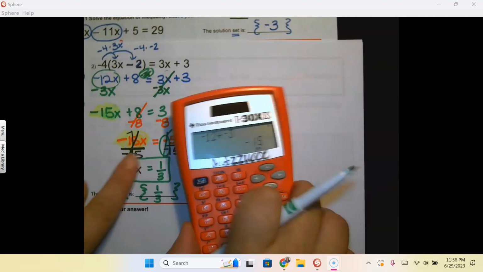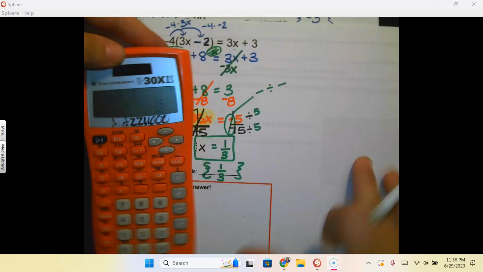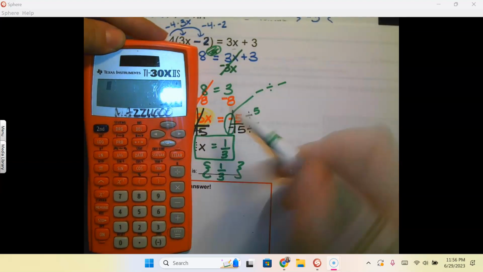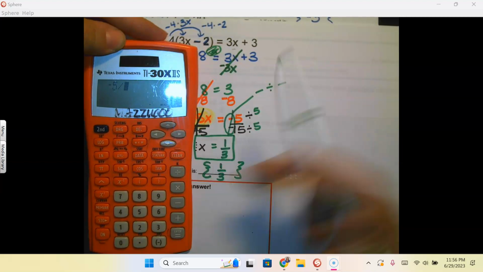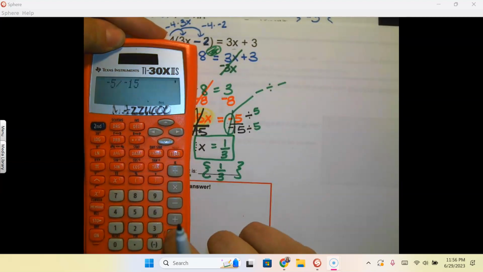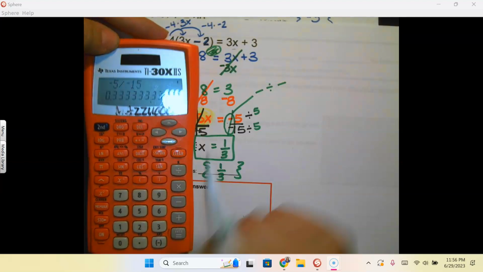Now let's check this with a calculator. If you're a little worried about whether you simplified this correctly, on a calculator, if we did -5 divided by -15, it gives it to us as a decimal.